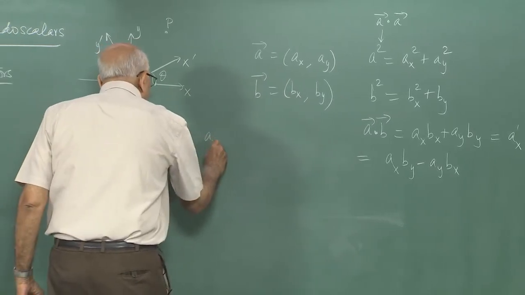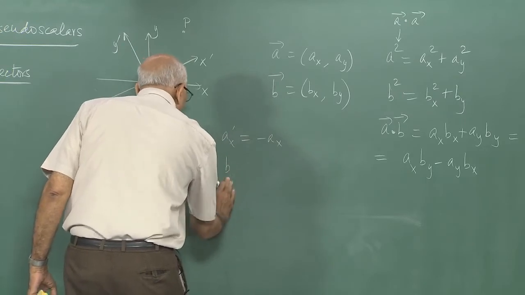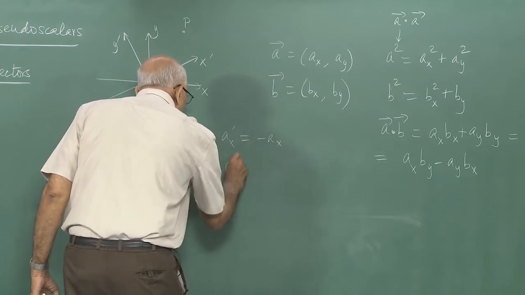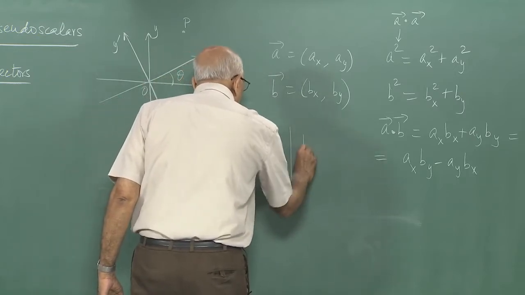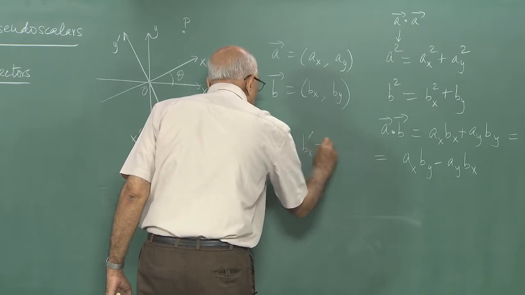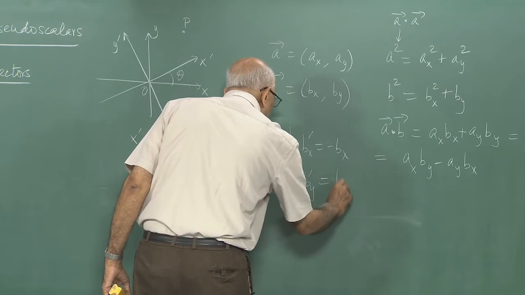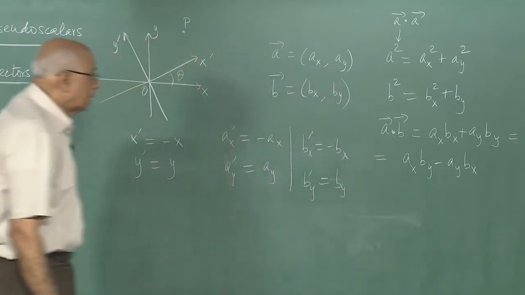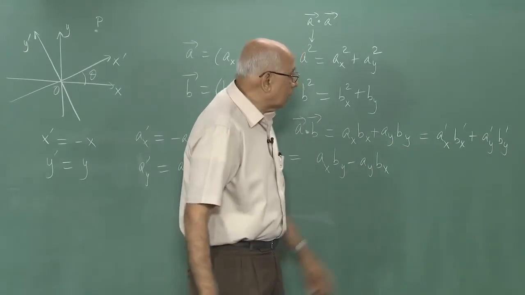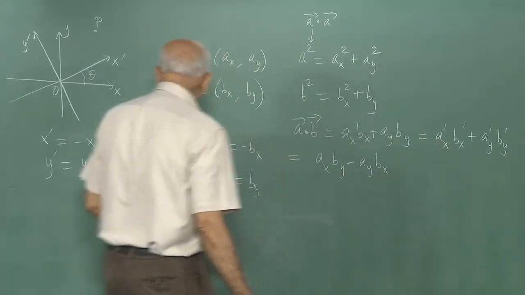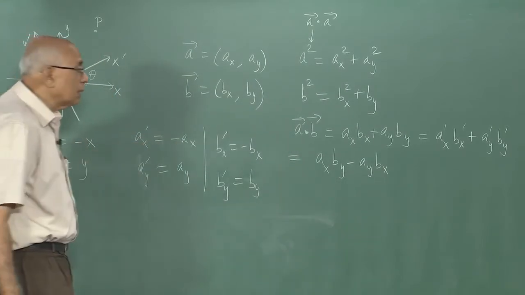You are going to have ax prime equal to minus ax, ay prime equal to ay, and similarly bx prime equal to minus bx and by prime equal to by. What happens to this combination here? It is clear that if this changes sign, ax prime goes to minus ax and bx prime goes to minus bx.